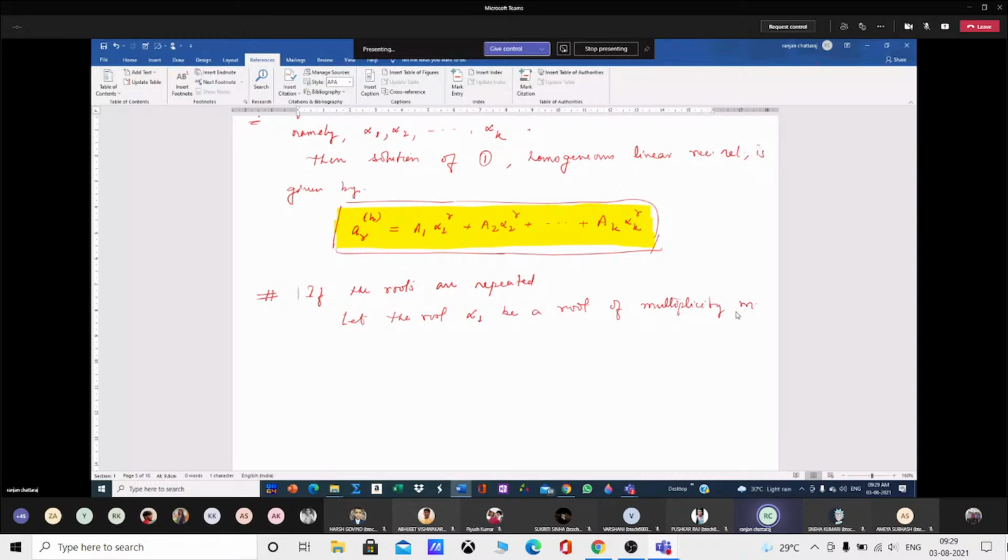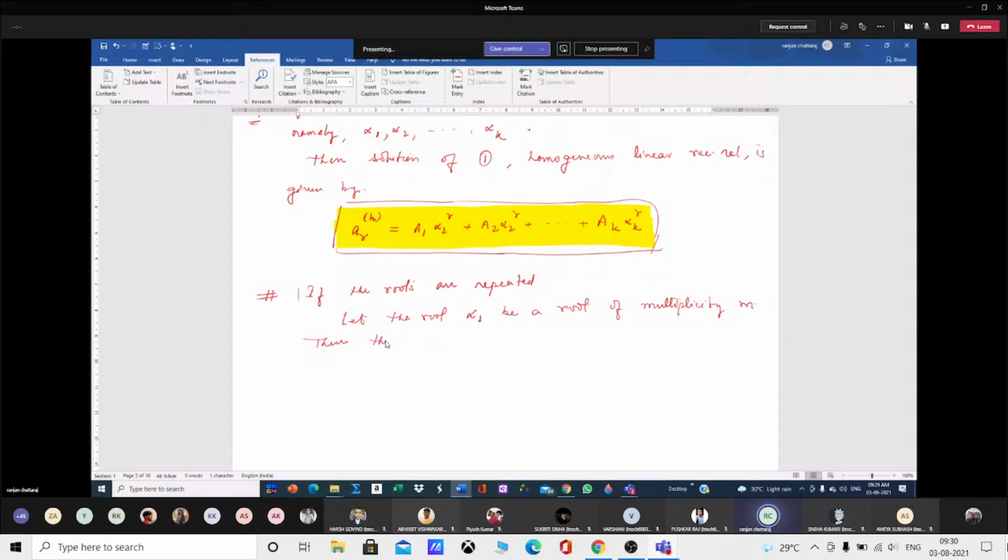Like double roots, alpha 1 occurs 2 times, it is also repetition, alpha 1 occurs 3 times. Here I am taking alpha 1 repeats m times. That means alpha 1 has multiplicity m.